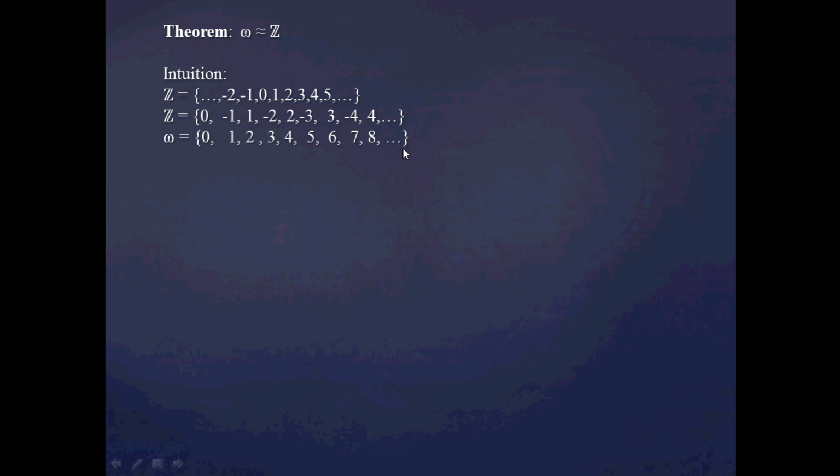And you can see that such a function, if I can write it down symbolically, should be surjective and injective, meaning that for any integer I give you, you can give me the corresponding natural number, and each of these integers gets counted only once. So I claim that when you think of the set of integers in the second manner, when I write it out like this, the claim that omega is equinumerous to Z is more plausible.